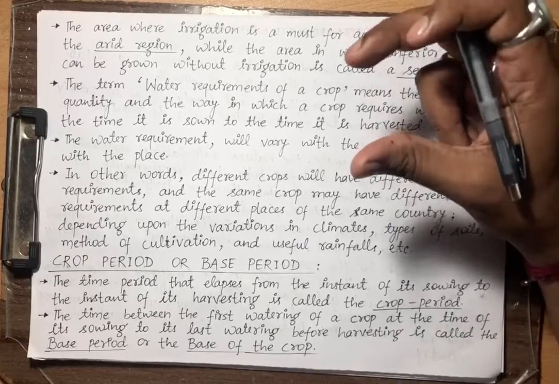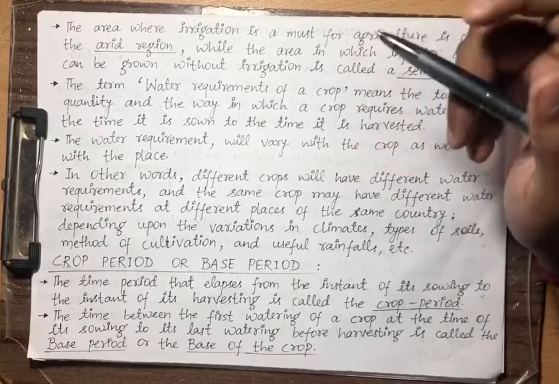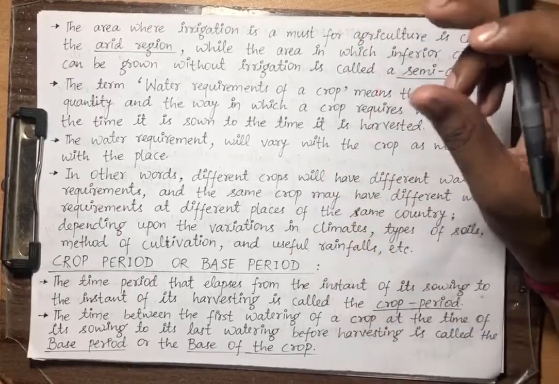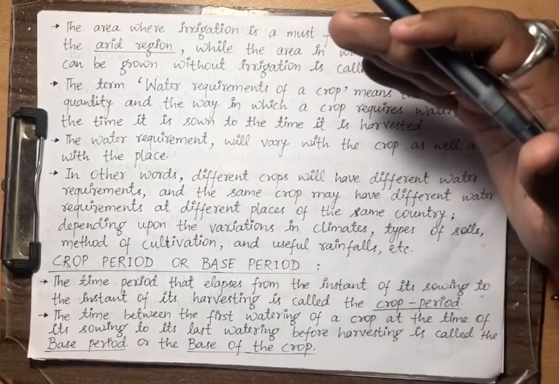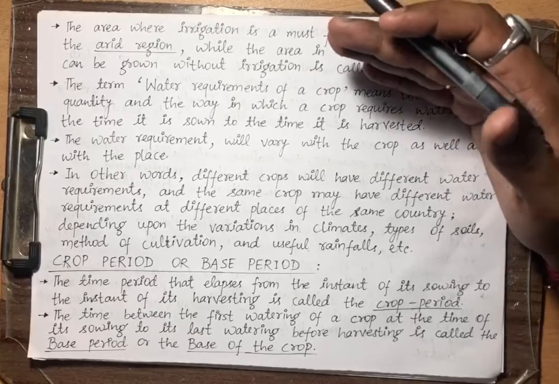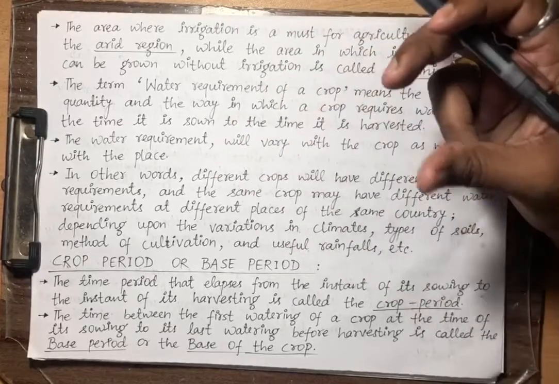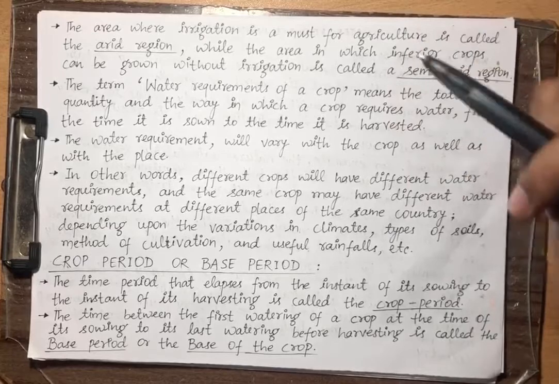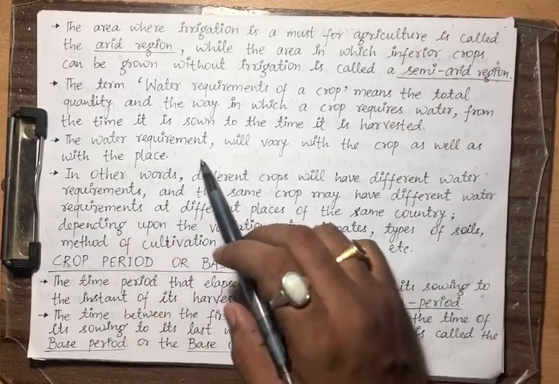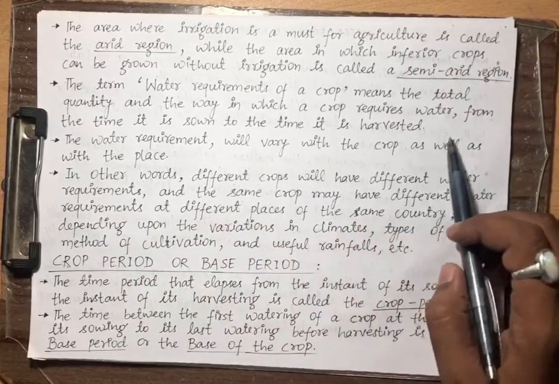So the crop period is 45 days, and the total water from 1st September to 15th October will be termed as the water requirement of that particular crop. So the water requirement will vary with the crop as well as with the place.